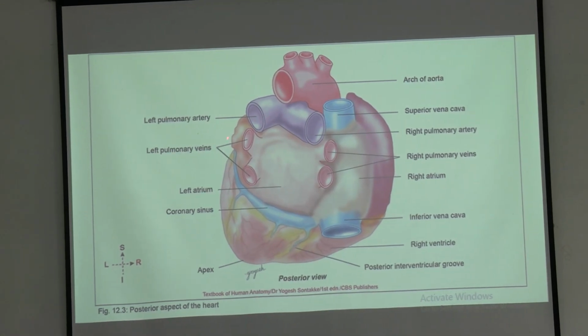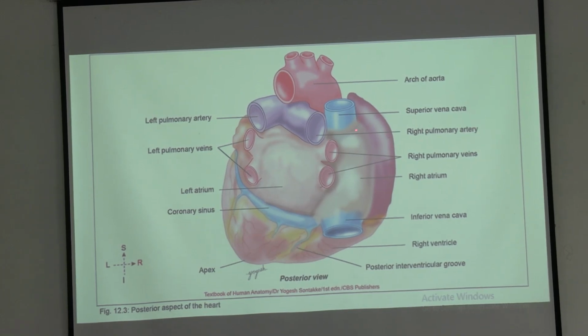So this part is contributed on the left side by the left atrium, and on the right side by the right atrium, and this is the groove between the atrium and the ventricles.